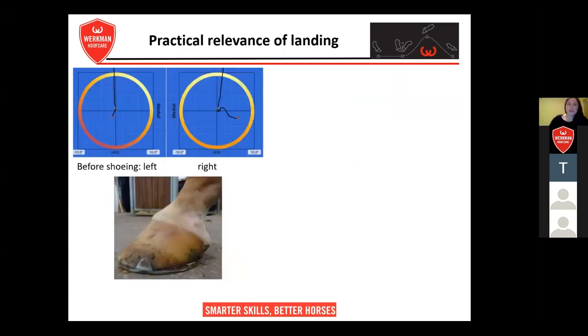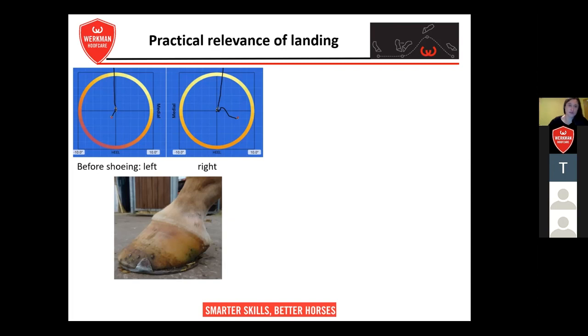I will again start with a little practical example or case. So you see the ring of Werkman, just for the people who don't know it. Maybe the attendees already saw it, but just to explain what you see, these circles represent the hoofs. We have the heels in the lower part of the circles. In the opposite direction, we have the toe, and then we have the lateral and medial side of the hoofs.